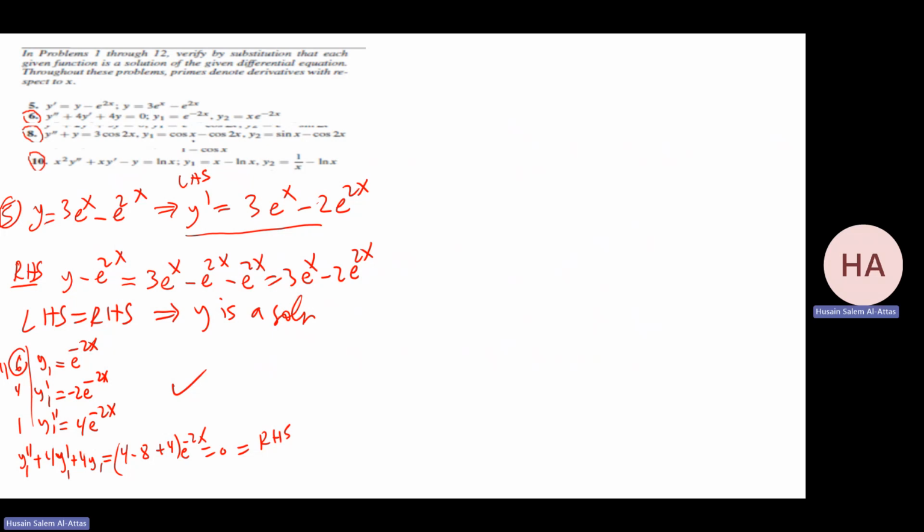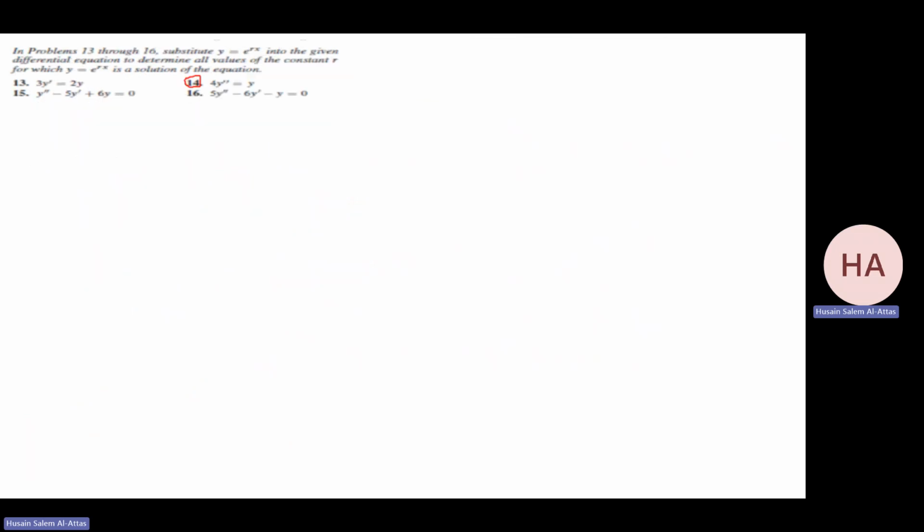The other one, just a matter of calculation. y2 equals x e to the minus 2x. So y2 prime will be e to the minus 2x minus 2x e to the minus 2x. Then y2 double prime, nothing to worry about, just a matter of calculation.